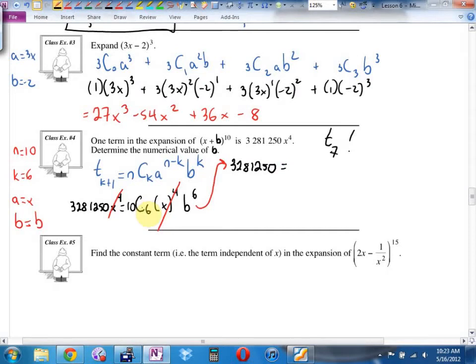Sorry? 210 b to the 6th power. Now what? Solve for b. How? Get the b to the 6th by itself. How? Divide by 210. And I think I end up with b to the 6th equaling what?